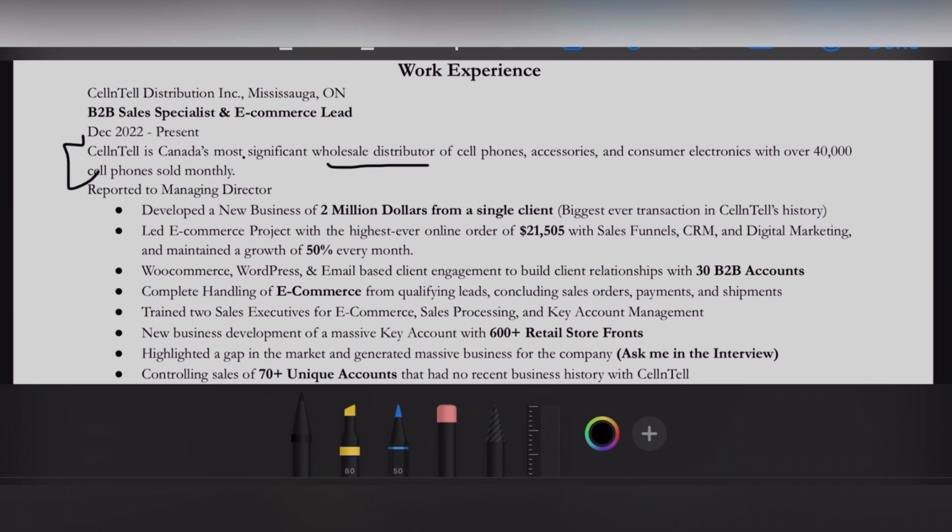So this is actually the biggest wholesaler of cell phones and accessories in Canada. So I have carefully written most significant wholesale distributor.